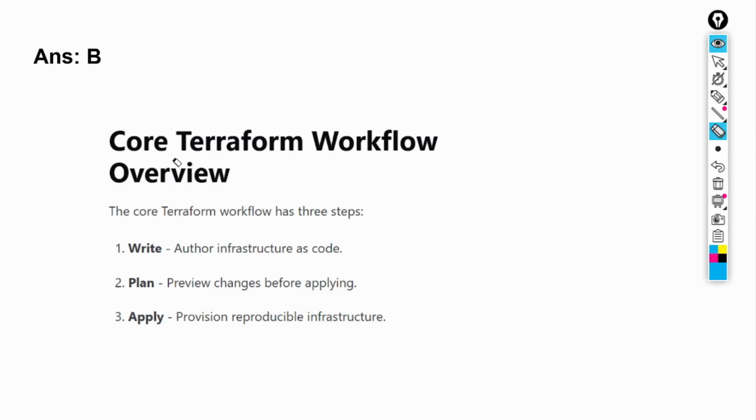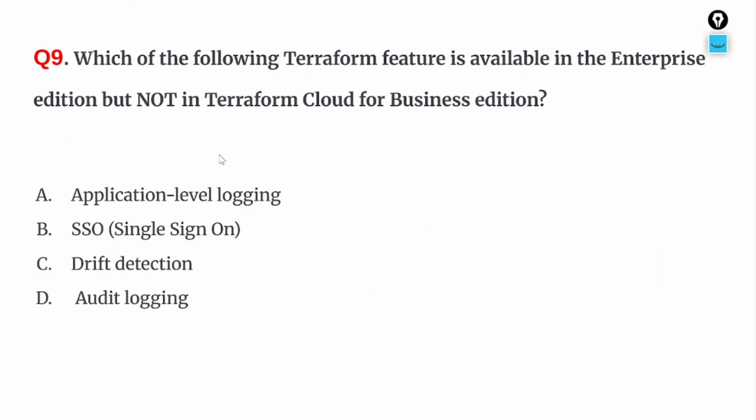This is the actual core Terraform workflow overview. It should be: first write, then plan, and then apply. So option B is the correct one. Once you try some small labs, you will understand this flow, and you don't need to mug up anything. It's very simple. So let's continue.